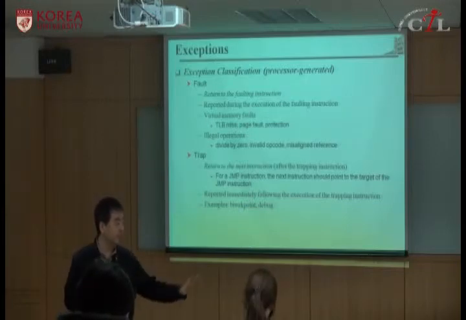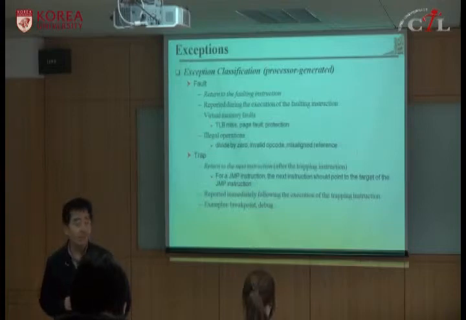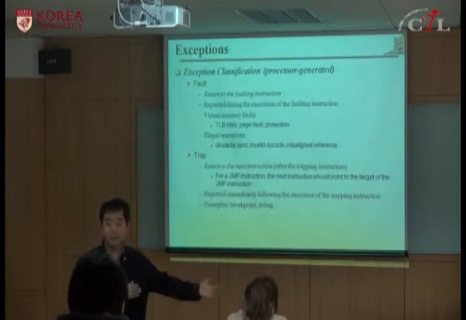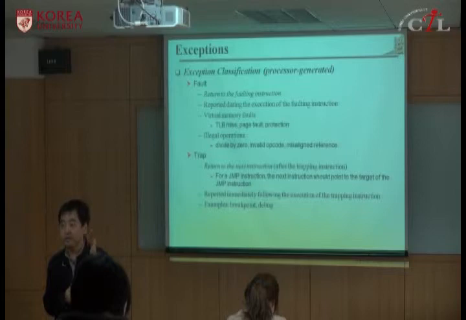If the instruction is 4 bytes, the address of the instruction should start at 0, 4, 8, 12, 16, and so on. If it's a double floating point number, it's 8 bytes. The address should start at 0, 8, 16, and so on. But if the address of the floating point data is not an aligned address, then it can cause an exception.